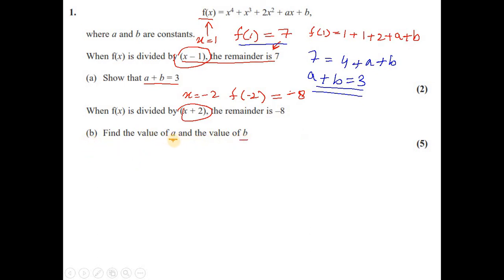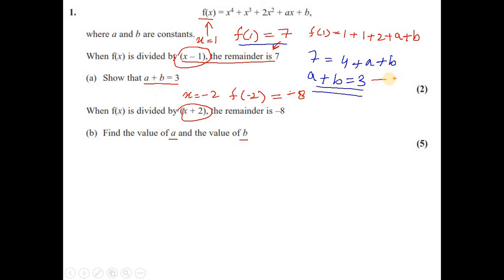We have two unknowns to find, and in mathematics this is the key point. If we need to find unknowns, we must have the same number of equations as the number of unknowns to be found. So here we have two unknowns, so we must have two equations. One equation we have already derived here.